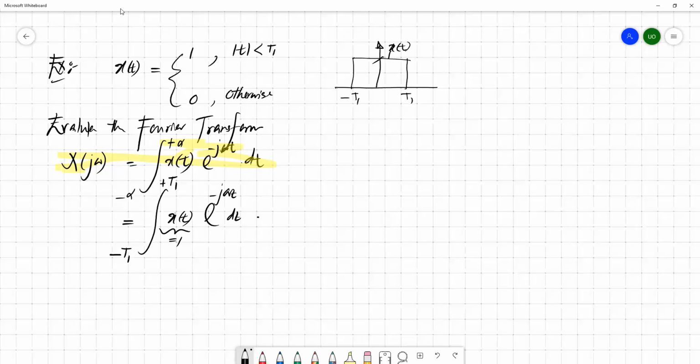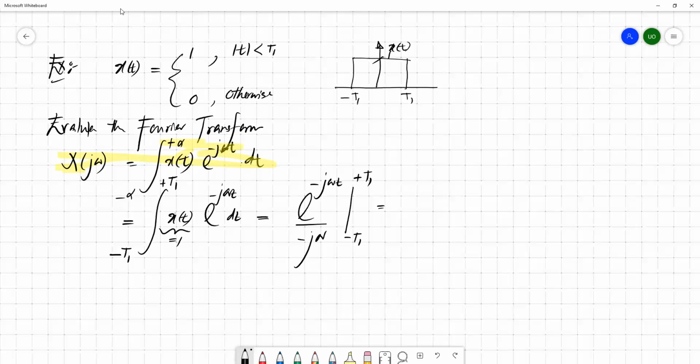So we'll do the substitution. e to the power minus jωt divided by minus jω, evaluated from minus T1 to plus T1.